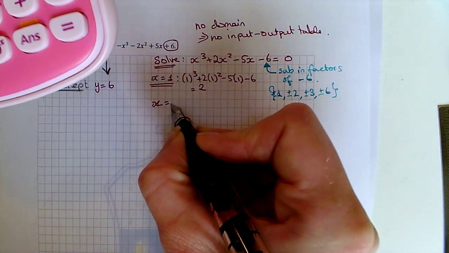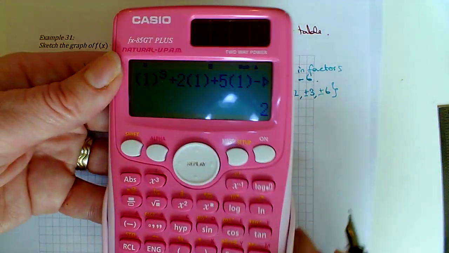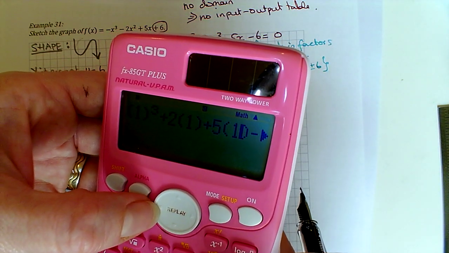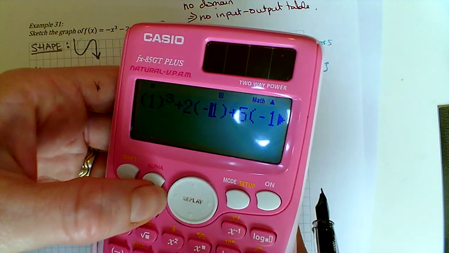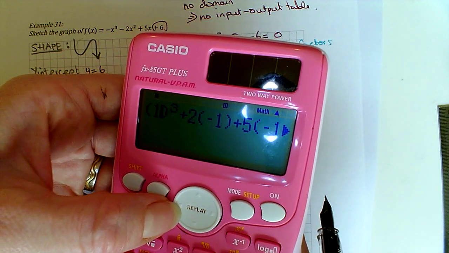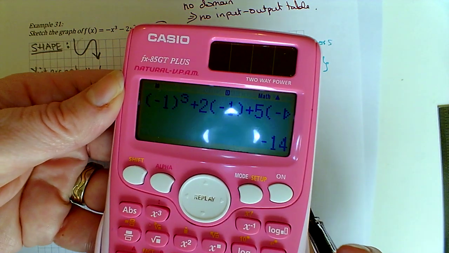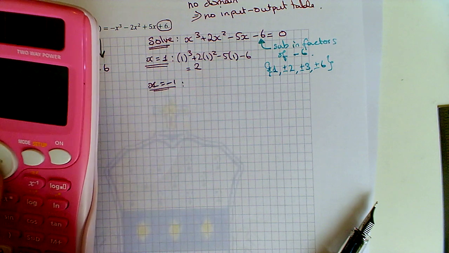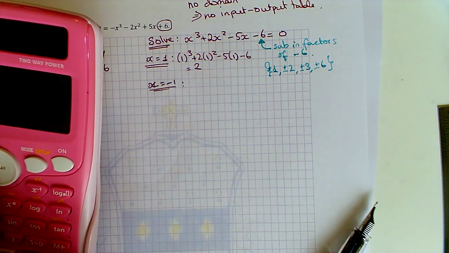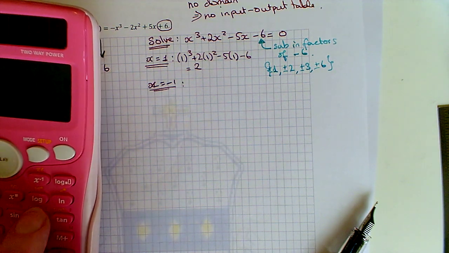So we'll try minus 1. Just go back and change all these guys to minus. I'll just double check that I did that right. Oh yes, this one should be squared.